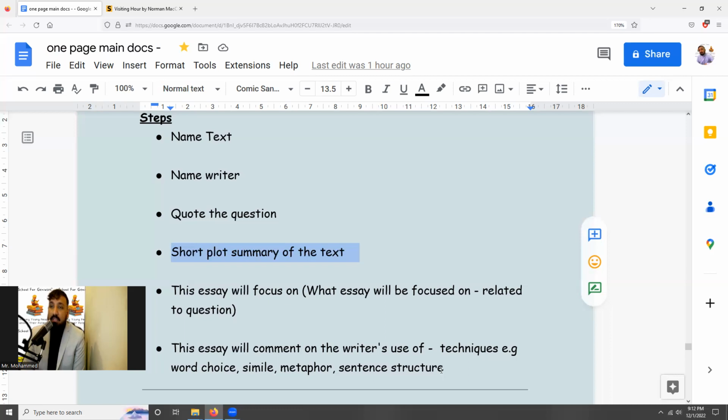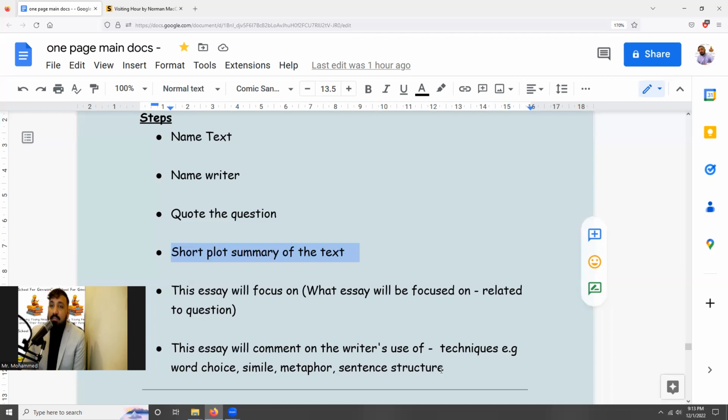You don't want to give a very detailed summary. It's just a basic summary, to give the person who's reading your essay some context and to show that you know what the story is about. Again, you're not writing a story here, so you don't want to go into a lot of detail. You're just giving a basic summary of what happens.